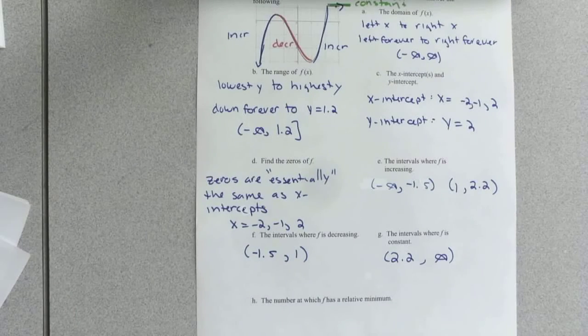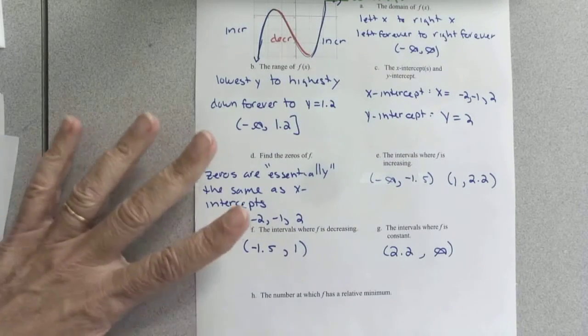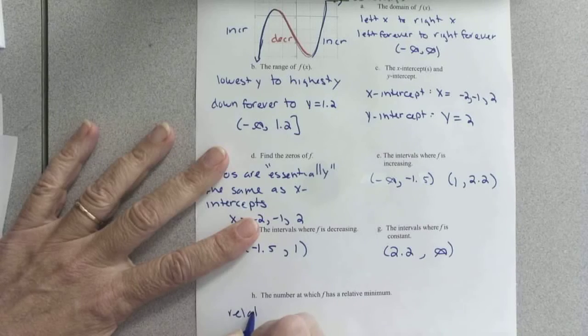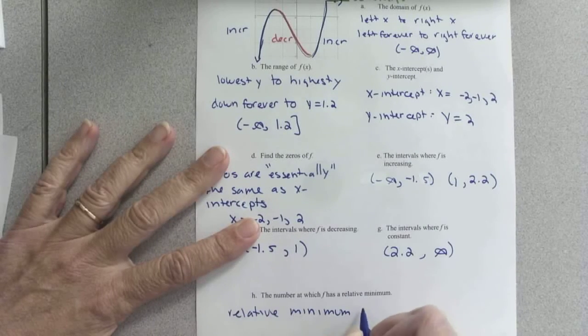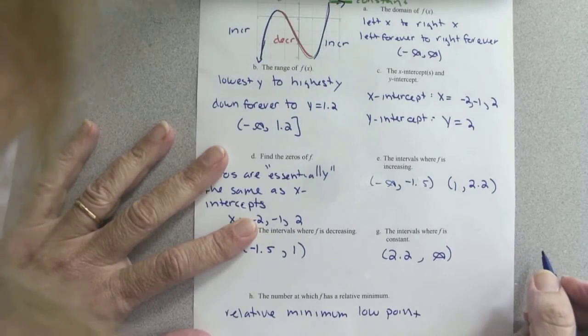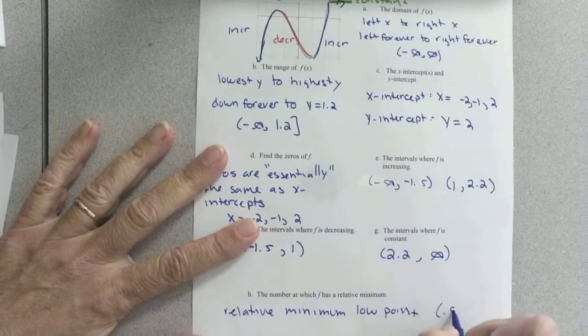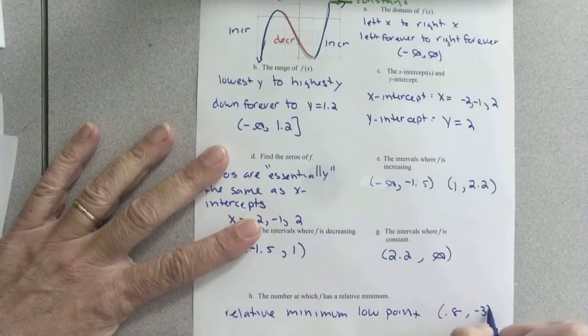Number at which, or it says number at which it has a relative minimum. Language here, number at which. In general, relative minimum is my low point, which looks to be maybe like 0.8, negative 3.